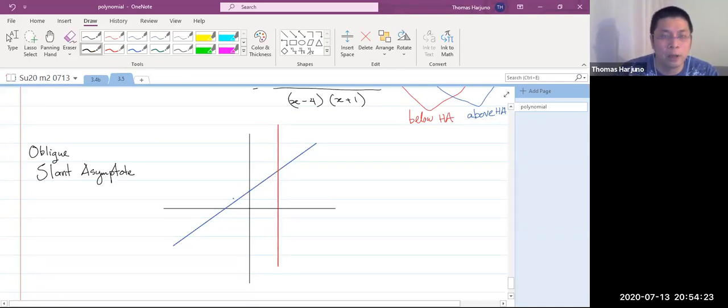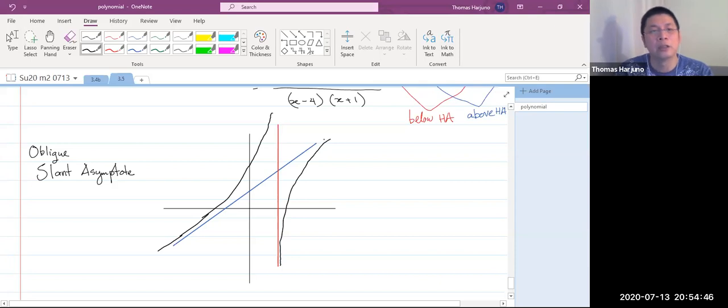Your graph may come from very close to the slant asymptote, go to here, and then from the vertical asymptote, go here. So a slant asymptote is basically just a slanted horizontal asymptote. Is there anything called slanted? No, I call that slant horizontal asymptote.